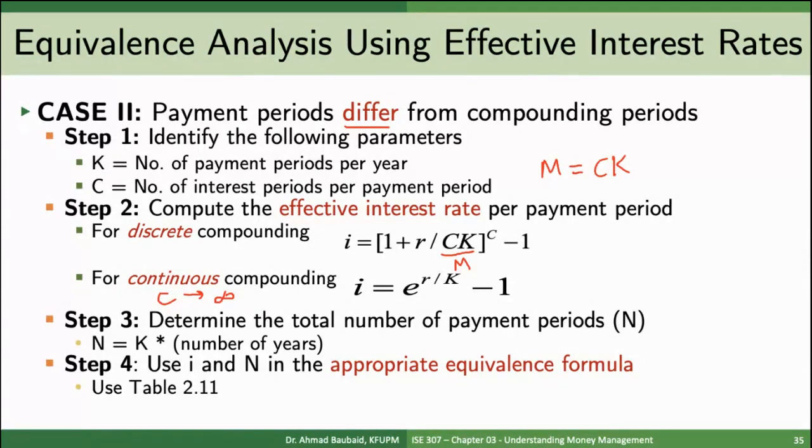And you find the total number of payment periods, which is just capital N, and then you plug in the formula. So this is not really a big change from the first case. That one was just where C is equal to 1. This is a little bit more general, but the overall framework is exactly the same. You find the parameters, find the interest rate, find the correct N, plug in the formula.